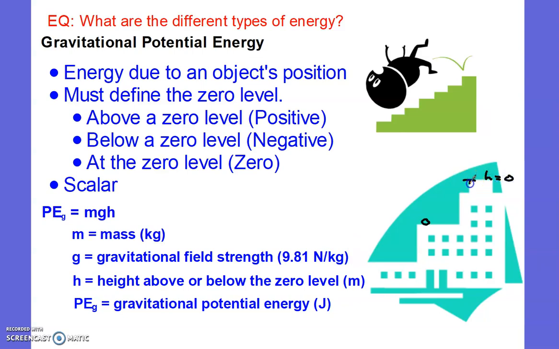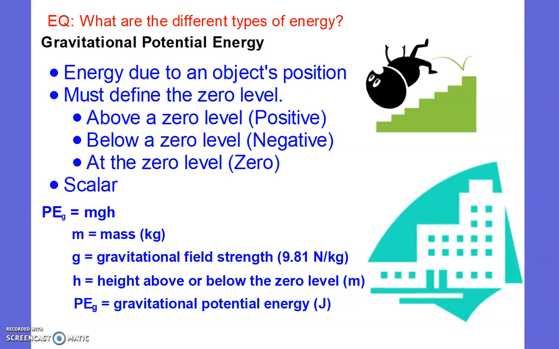And therefore my height would be below, or a negative height, and I'd have a negative potential energy. Now the other option is I can call the zero height right here at this level. And therefore I have zero potential energy because I am at the zero level. So it's really arbitrary where we call the zero height, but typically we call the zero height wherever the bottom is, the bottommost portion.